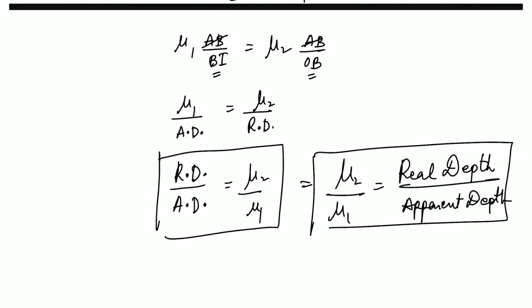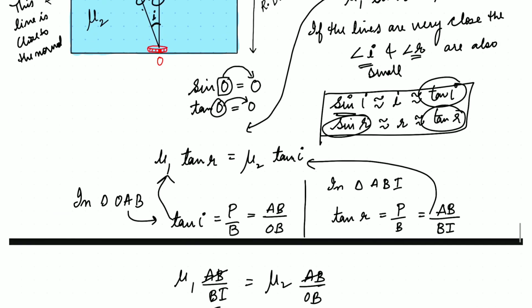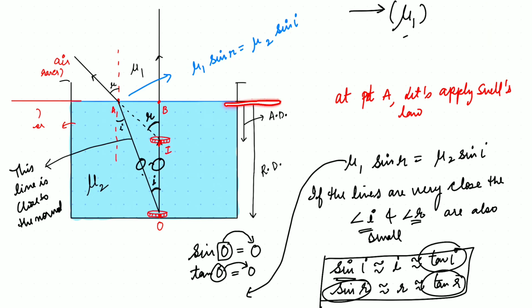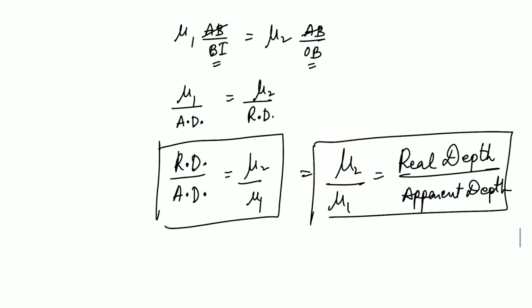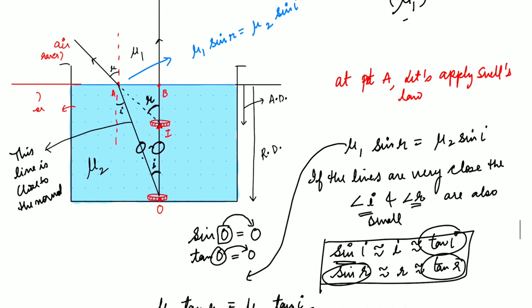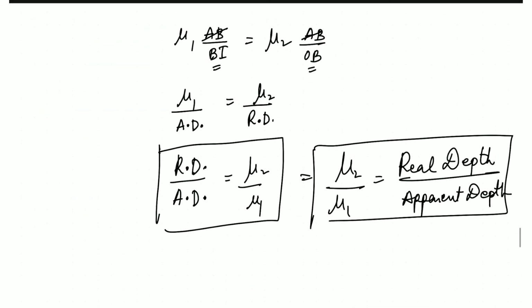Now before we conclude this, you have to understand from where you actually calculate your real depth and apparent depth. Real depth and apparent depth are calculated from the interface, right? Secondly, what is the refractive index? Nu 2 is the refractive index of that medium from which the light ray is coming, right?